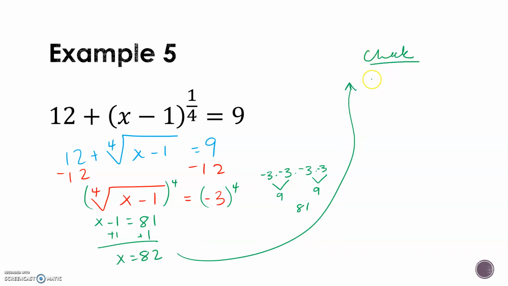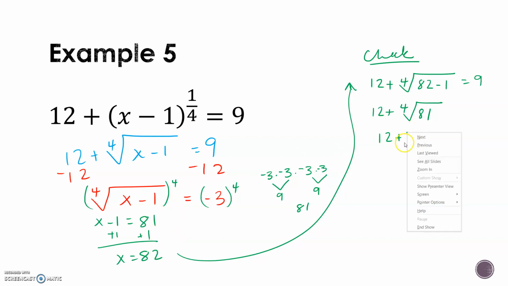So 12 plus 4th root of, our answer was 82, minus 1, is that equal to 9? So 4th root of 82 minus 1 is 81. The 4th root of 81 we did over here basically, which is 3.